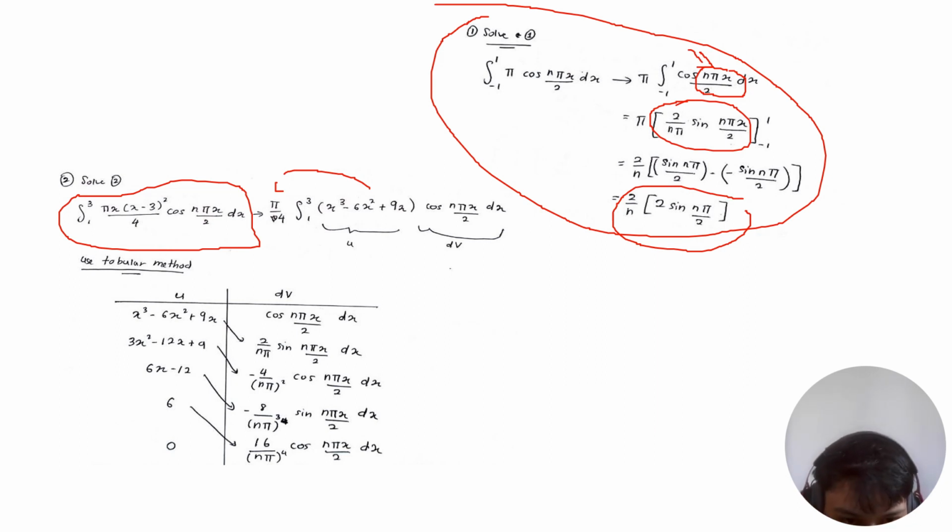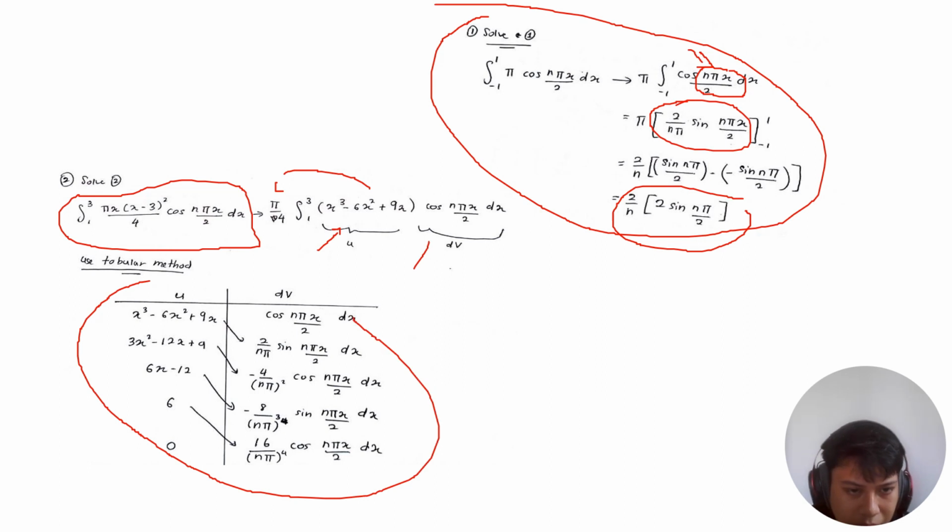And we got x to the power of 3 minus 6x to the power of 2 plus 9x multiplied with cos n pi x over 2 dx. This we can integrate using the tabular method. So this is our u and this is our dv. This is the tabular method. The first part we differentiate, the second part we integrate.